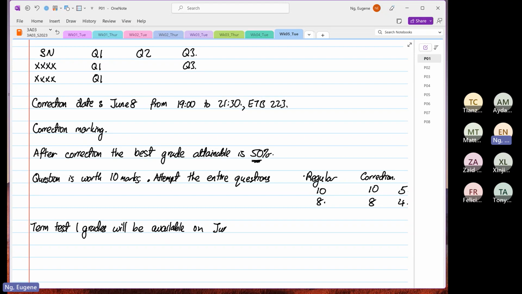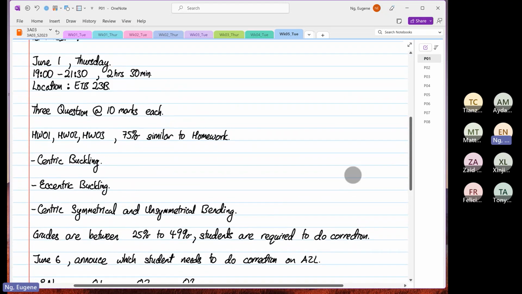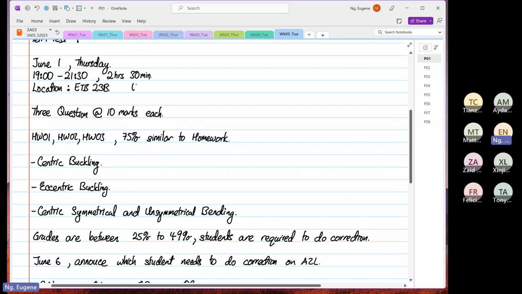So what is your final grade of term test 1? Are you all clear or no? Now, the corrections are done in person also. So term test 1, as you can see, is also in person.